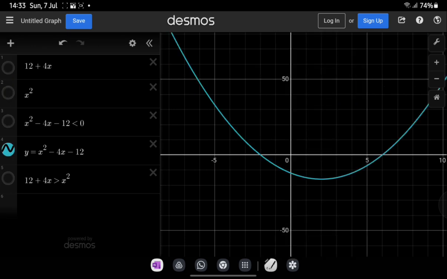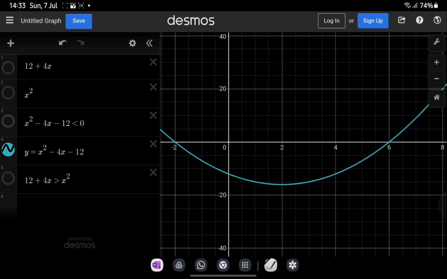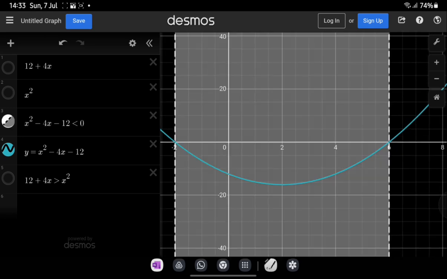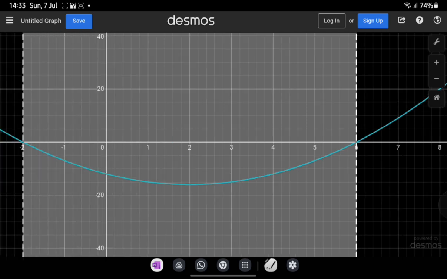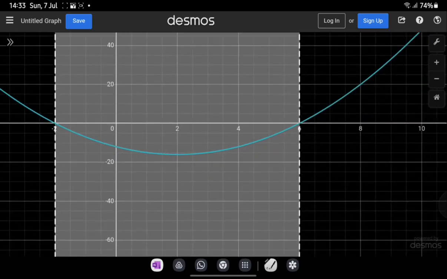So if we were to do that, let's first of all get the new function that we reached, and you'll see that between x equals negative 2 and 6, this will correspond to y values that are less than 0. So that's what the whole thing represents.